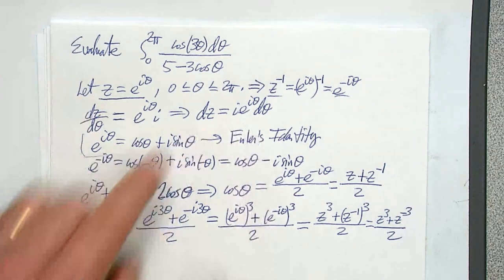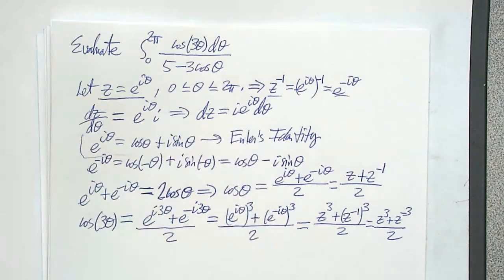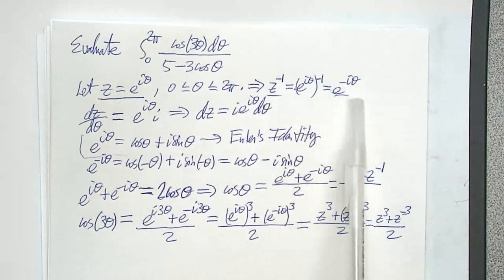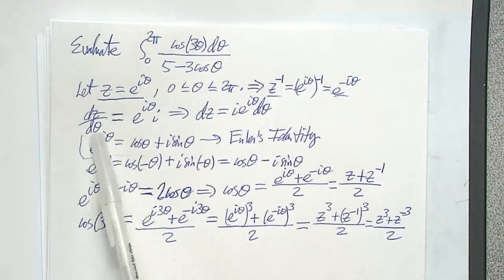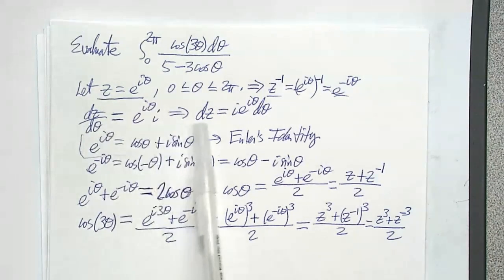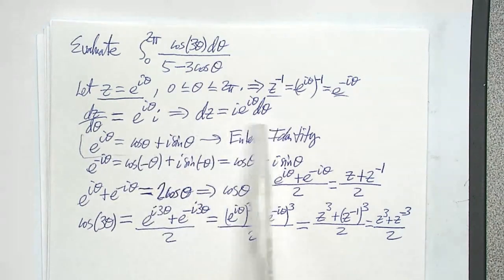So we need to do some of this too. All right, let's backtrack over what we have here. We have z equals this, and that means that z to the minus 1 is this. Taking the derivative of z with respect to theta, we have dz is equal to this.